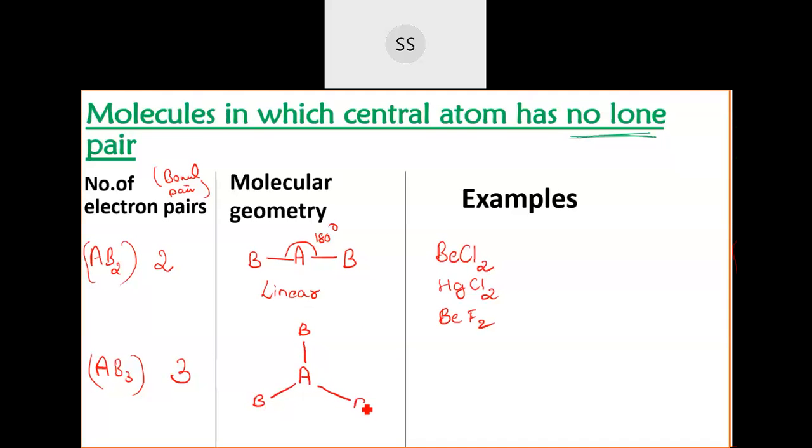The angle between them, it's like a triangle, no? So in the triangle, what is the angle between each bond here? What do you think will be the angle? Total is 360 degrees, and there are 3 bonds.